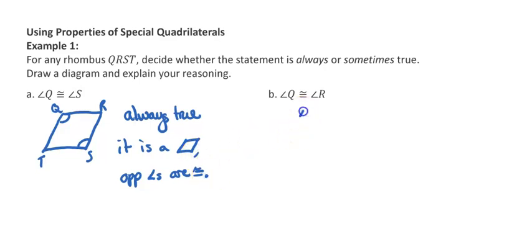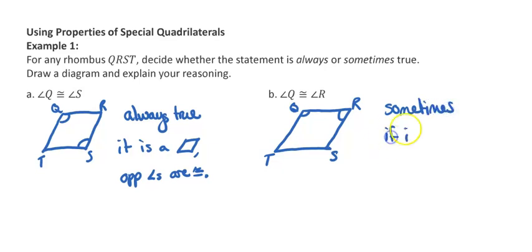Okay, it wants us to do it again, so let's draw a rhombus, like a parallelogram, except try to make all 4 sides equal, and label it Q, R, S, T. It wants to know if angle Q is congruent to angle R always or just sometimes. This is going to be just sometimes.